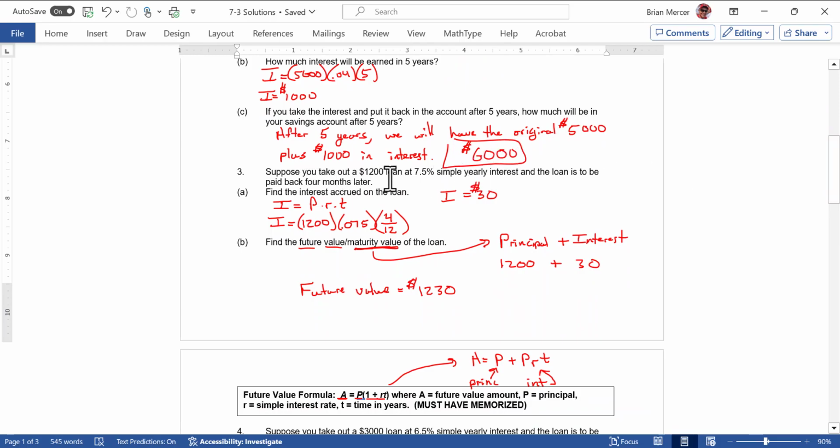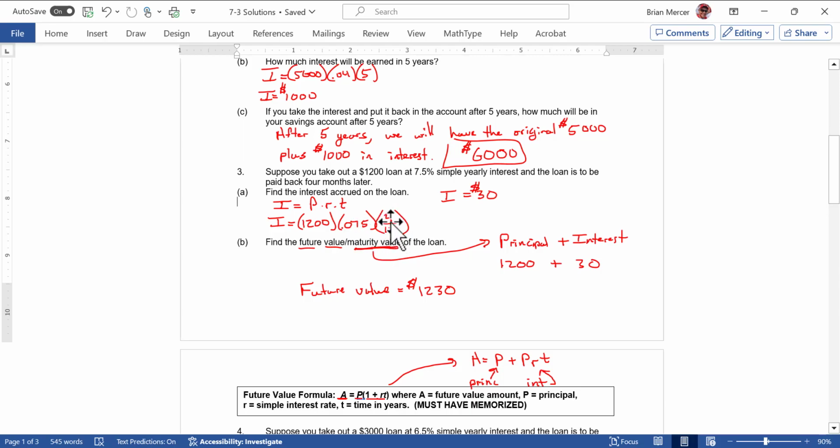Here's one where you take out a loan of $1,200 at 7.5% simple interest, and the loan is to be paid back 4 months later. Notice principal is still $1,200, rate is 0.075, but time we need to put as 4/12. The reason it has to be 4/12 is our rate is 7.5% for the year.